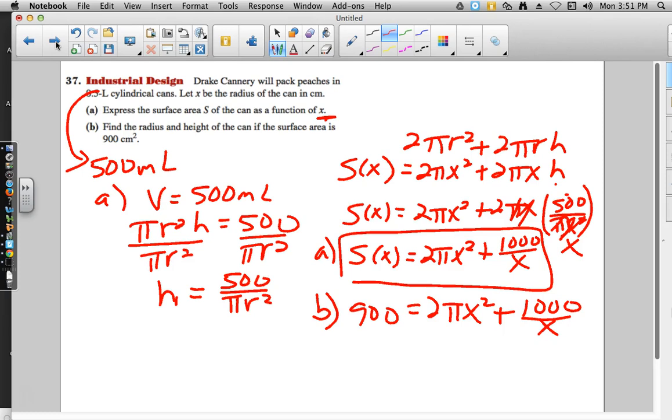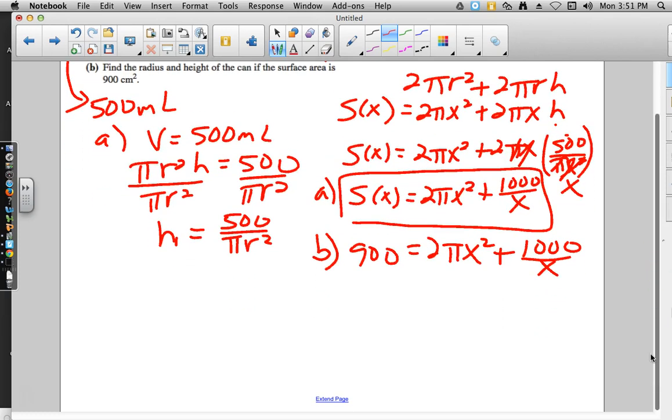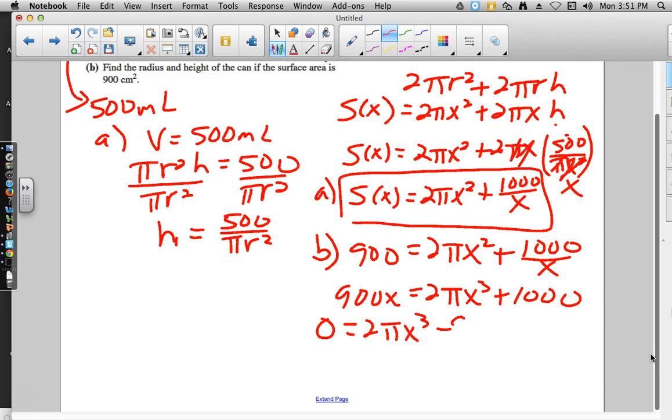And there are various ways that you can solve this. Right now you could punch it in and find the intersection graphically for this one. I guess I would tend to multiply everything by x in order to get rid of the fraction, and then move everything over to one side and find the zeros, the solutions for that.